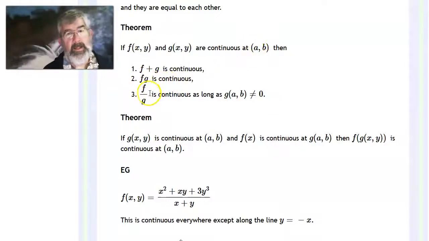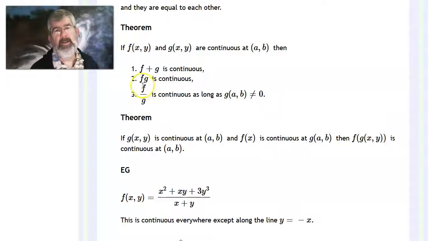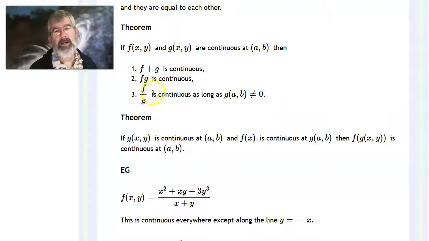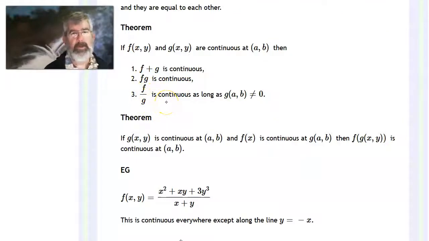If you divide them, then it's not guaranteed that it'll be continuous, but it's continuous unless you're trying to divide by 0. So if g(a,b) is equal to 0, then this is not continuous because the function wouldn't even be defined. You can't divide by 0. But otherwise, as long as you're not dividing by 0, dividing two functions will keep the result continuous.